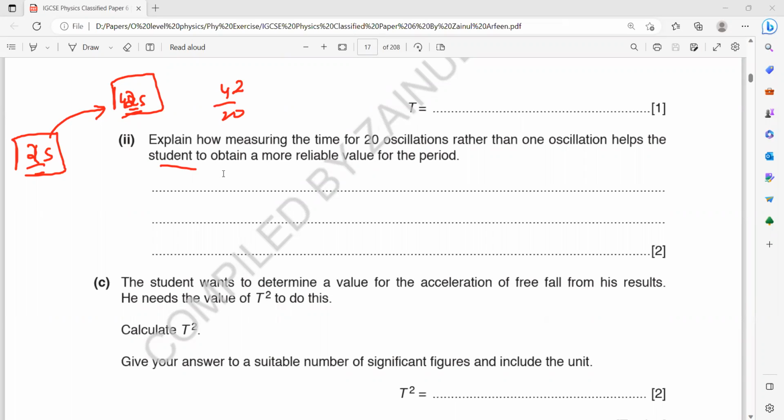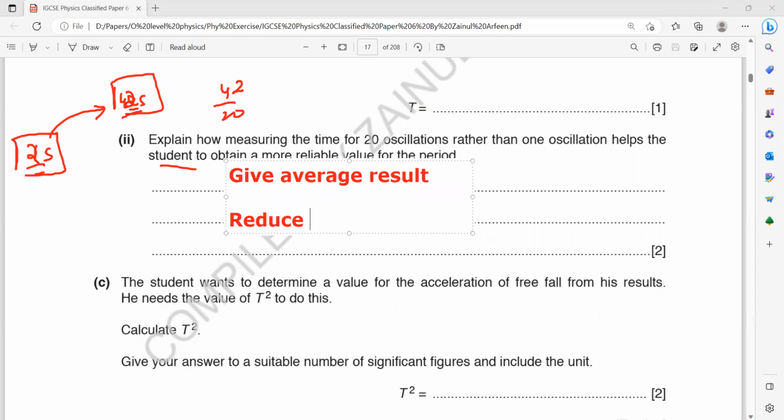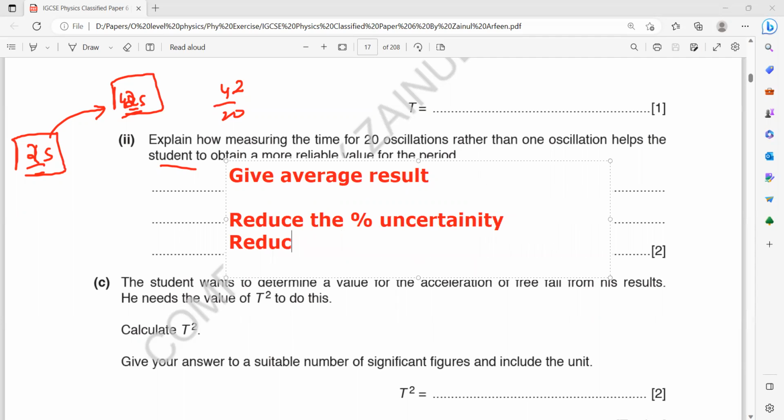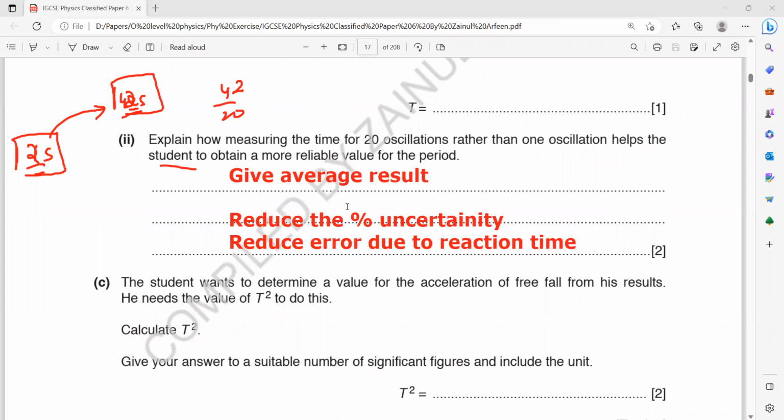Whenever such a question is there, this will give an average result, and it reduces the percentage uncertainty in the results. Or you can also say it reduces the error due to reaction time. Is it clear, this one? Yes, sir, clear.